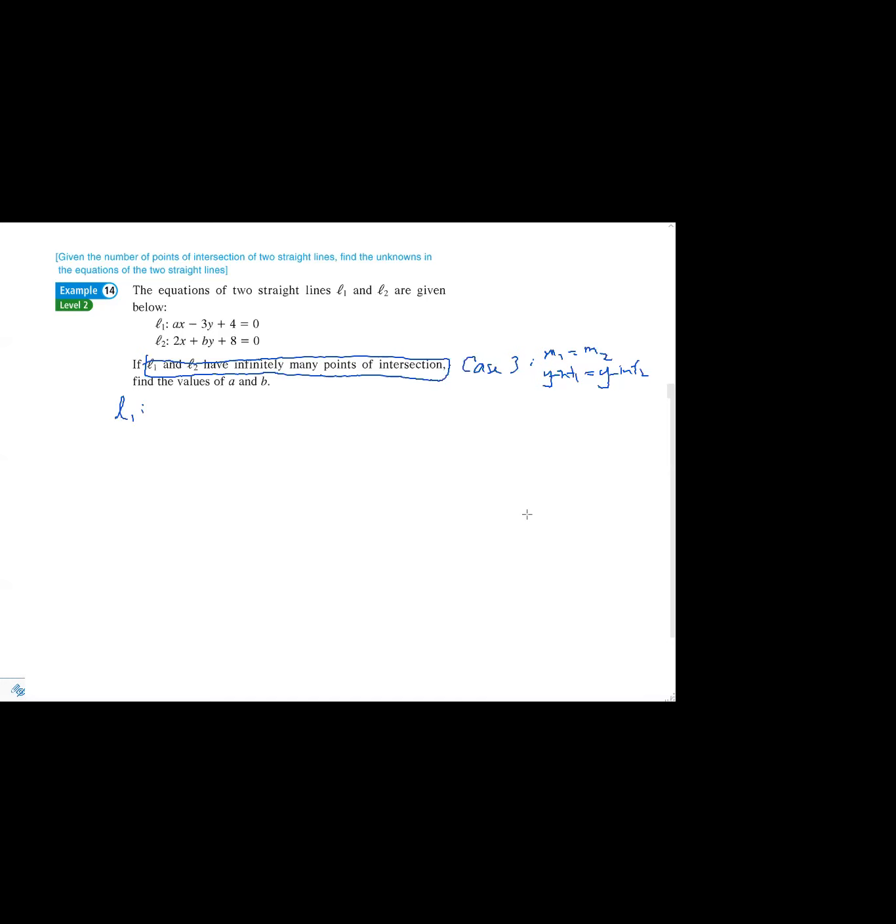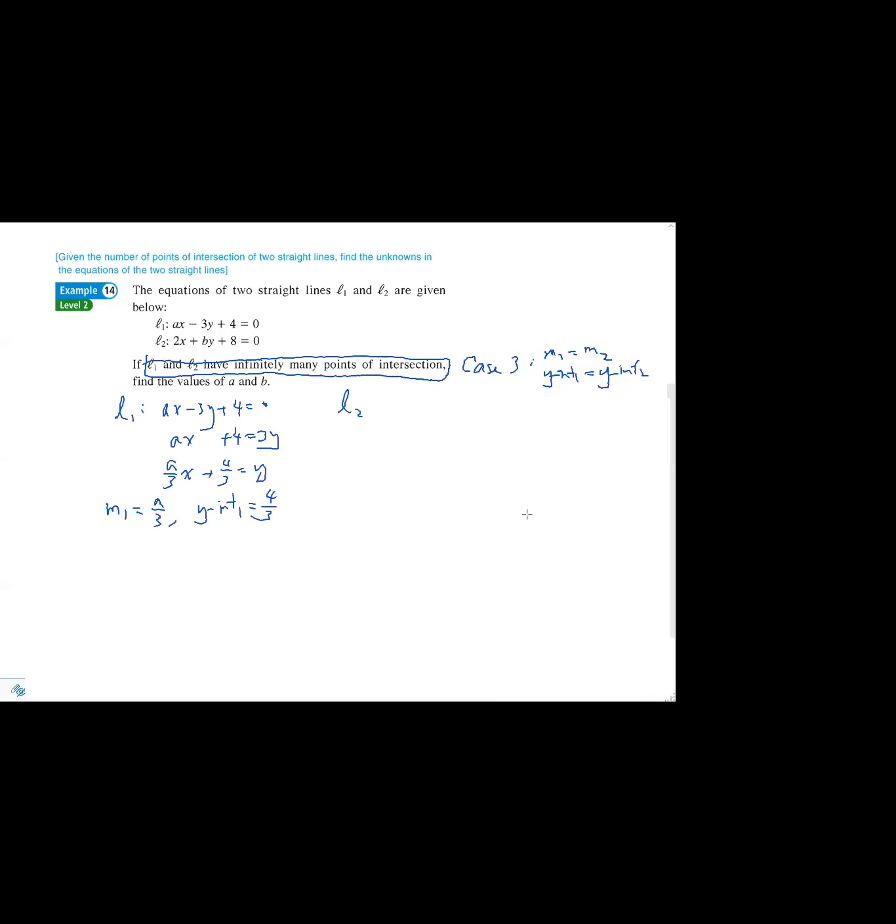For L1, we have ax minus 3y plus 4 equals 0, changing subject to y. Like this, a over 3 times x plus 4 over 3 equals y, which means that M1 is equal to a over 3 and y-int 1 is equal to 4 over 3.